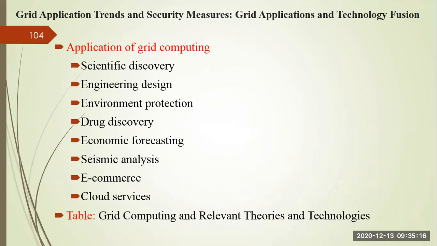Where your computation is a concern, suppose you have written a very big program and that program is not sufficient to execute in your computer system, then grid computing provides you a facility that you can run that program in the grid system, because your single computer system has limited capacity. We have only 4 GB of RAM, we have only 1 TB of storage.